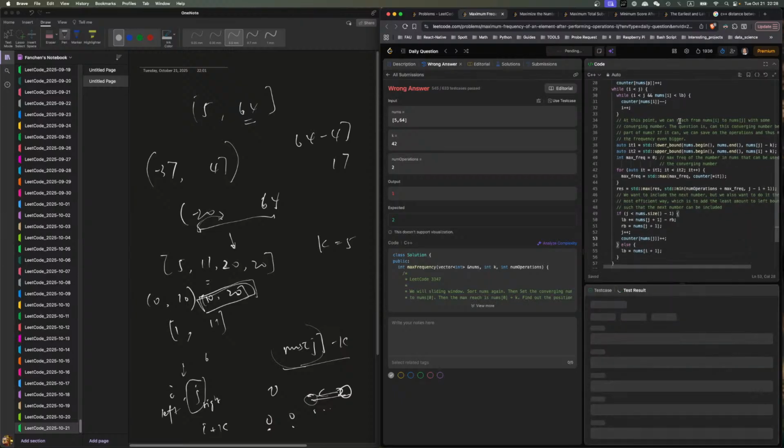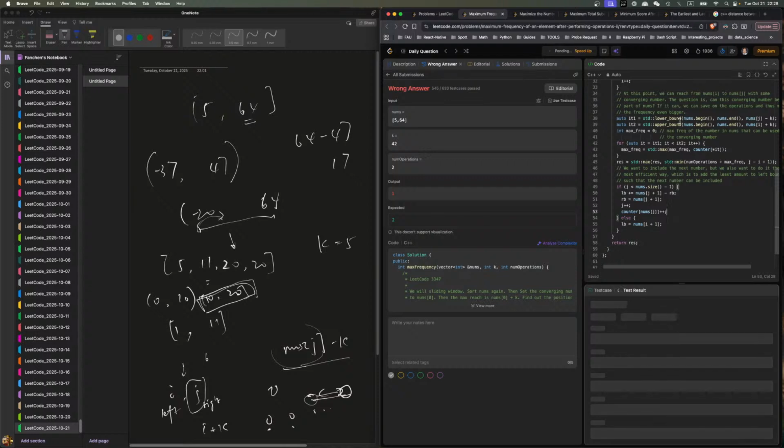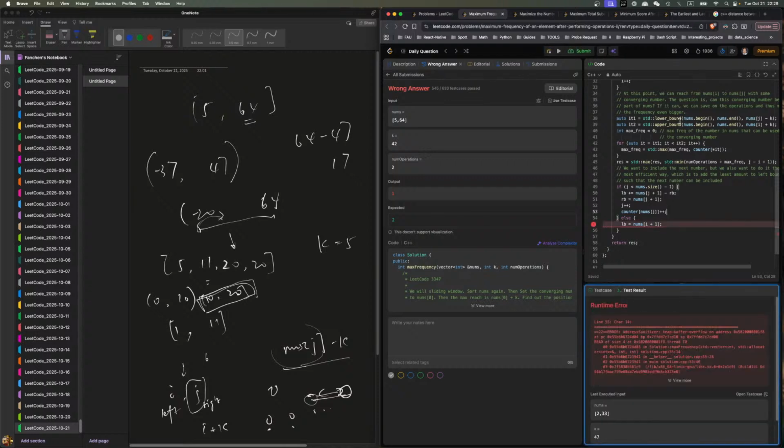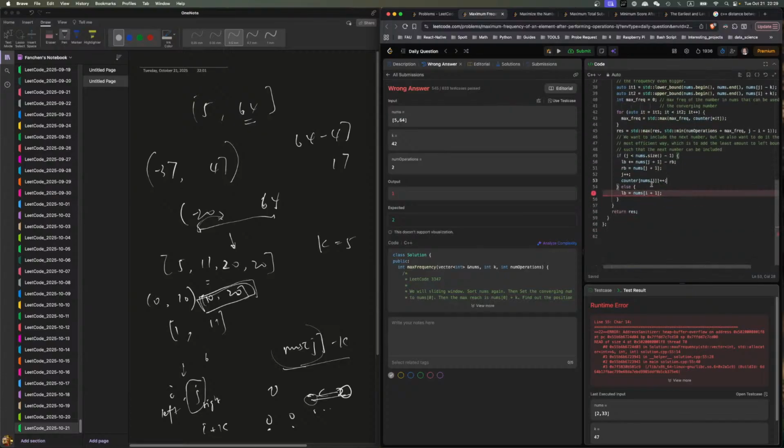Okay, let's try this. Yeah, else if I is smaller than nums.size.